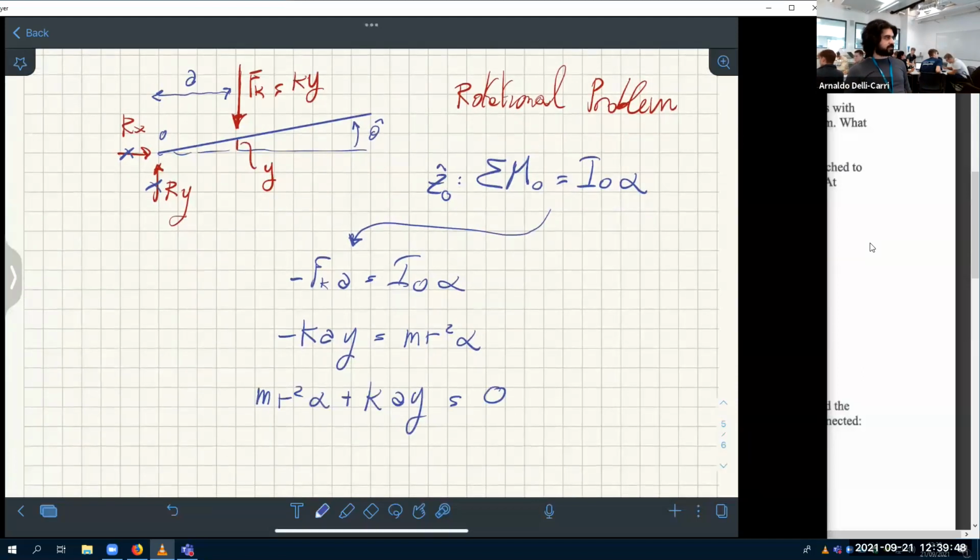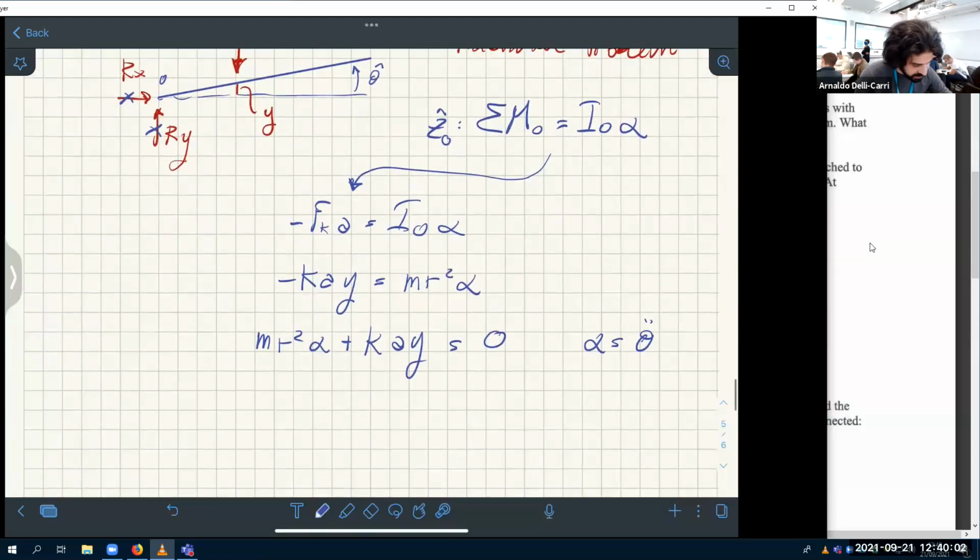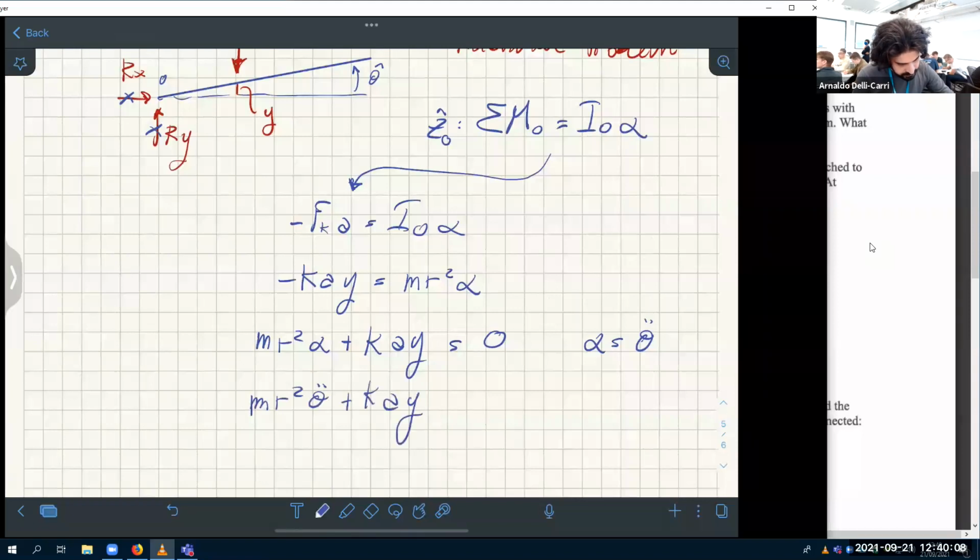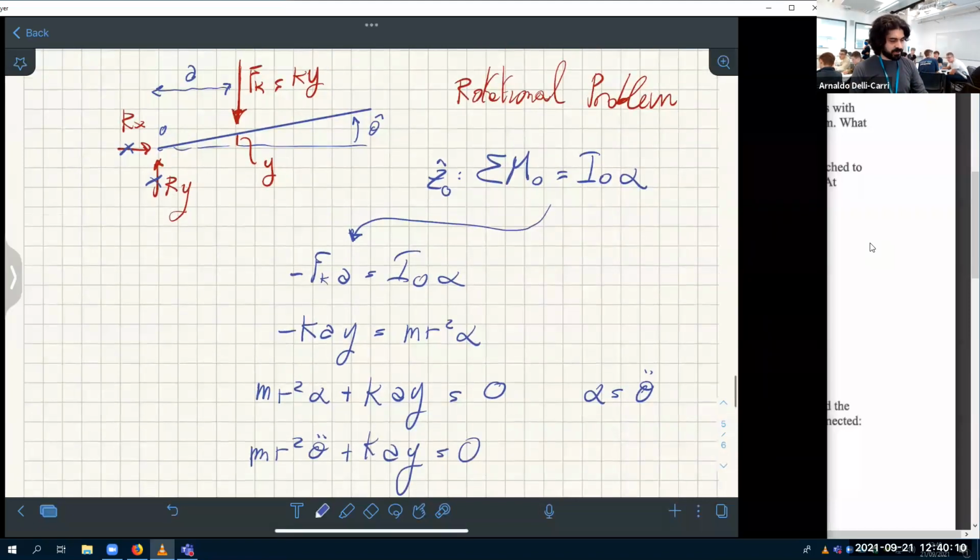Still doesn't look like that. So what can we change? First of all, what is alpha? Angular acceleration. So alpha is just theta double dot. Agreed? Yes. Okay, let's rearrange this. Does this look like this?